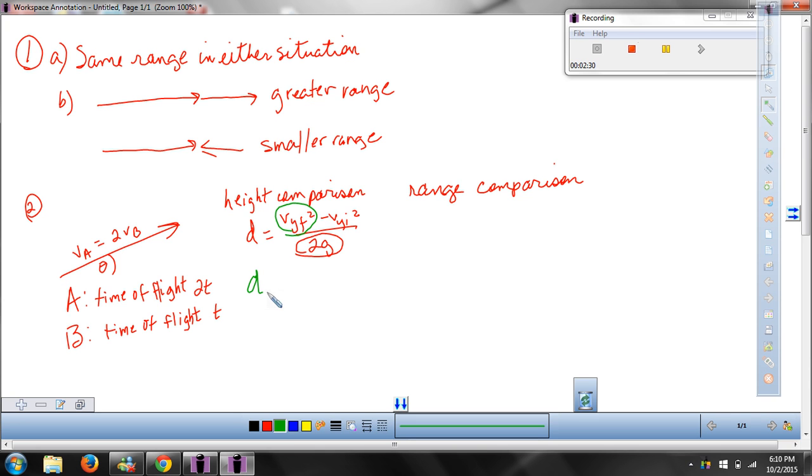So the distance for A is going to be 2, and we can ignore the negative sign because that's a negative g. So it's going to be 2 times the cosine of, well, hang on. I don't want cosine because I'm talking about the y-axis, so I should have said 2 sine theta VA, and VA is 2VB, so I'm going to put that in there.